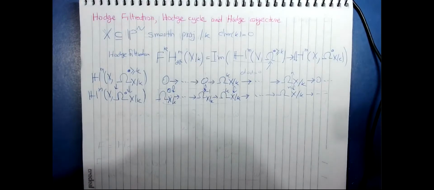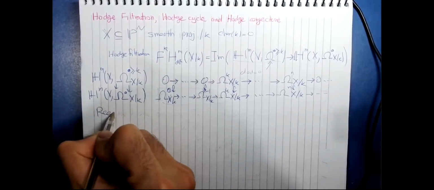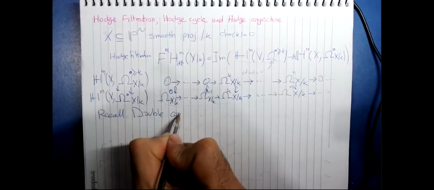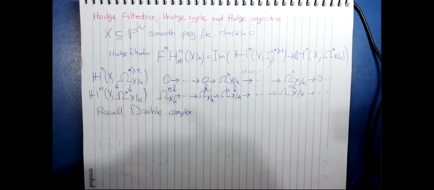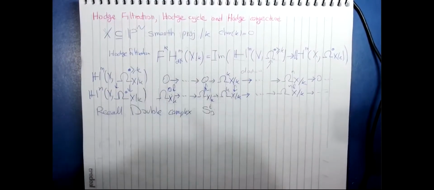Okay, so recall the double complex that we used in order to define the hypercohomology, with the Čech notation.